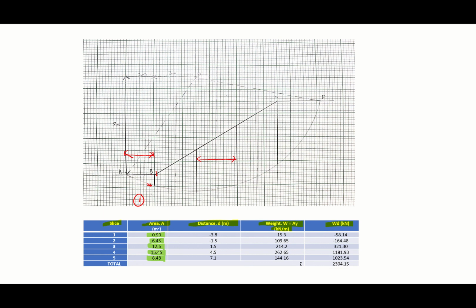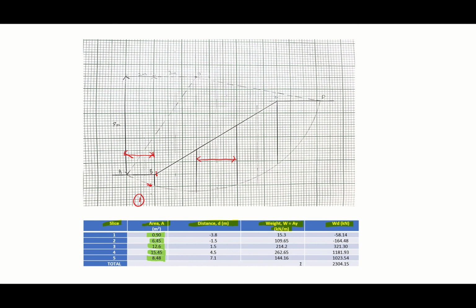According to the information in this workbook, for the triangle, let's say we are considering slice number 1 and the width of the slice is about 2 meter. One third of 2 meter is actually 0.6667.